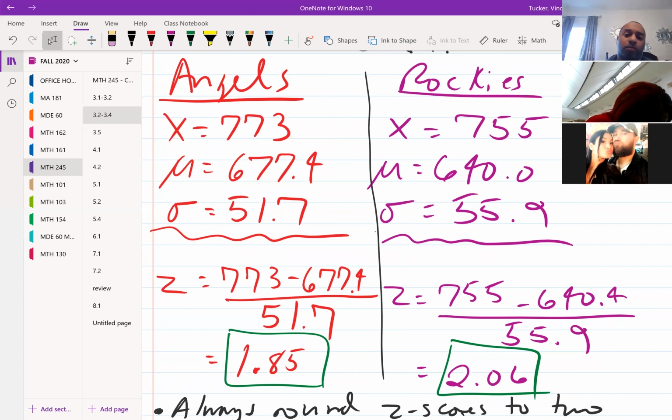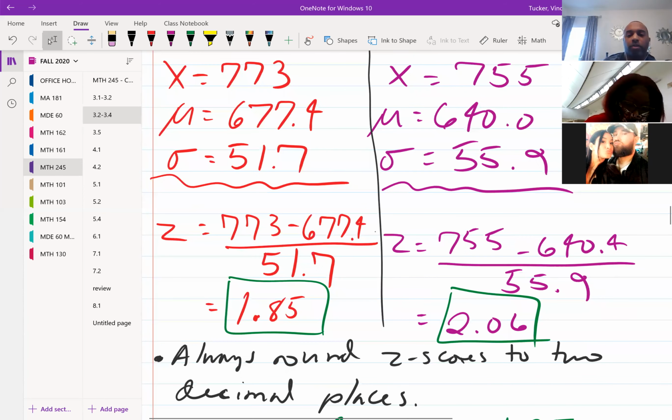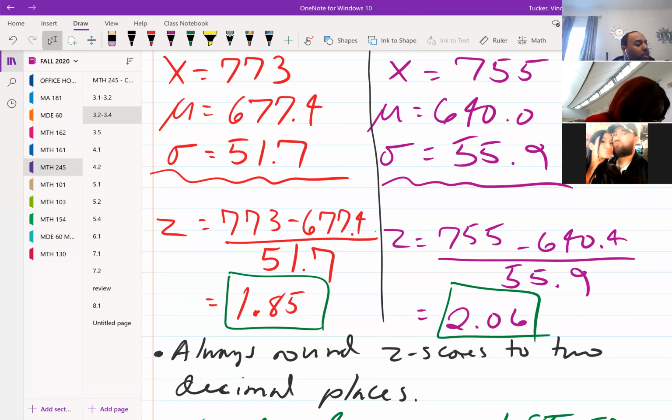For the Rockies, we'll do 755 minus 640.4 divided by 55.9, and that gives us 2.06 as a z-score. You always round your z-scores to 2 decimal places. That will matter when we start doing our z-score chart. So I'll give you a chance to write that, and then we'll talk about what that means.